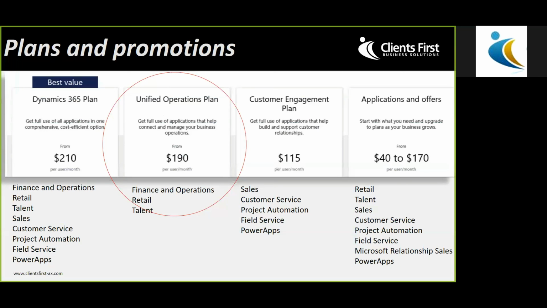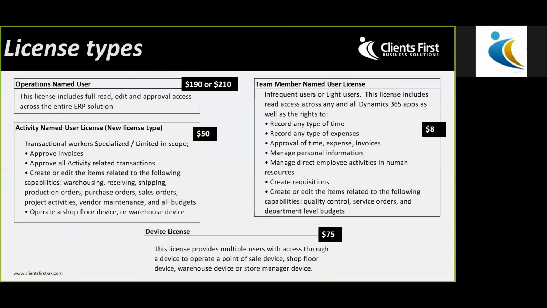So if you're a current AX user and you are upgrading to D365 for Operations, you do get a 40% discount. That's pretty sizable. So here are some of the licenses with the associated costs. Notice one of them is $8 a month for a user. This user can record time and expenses. They can approve time and expenses as well as invoices.